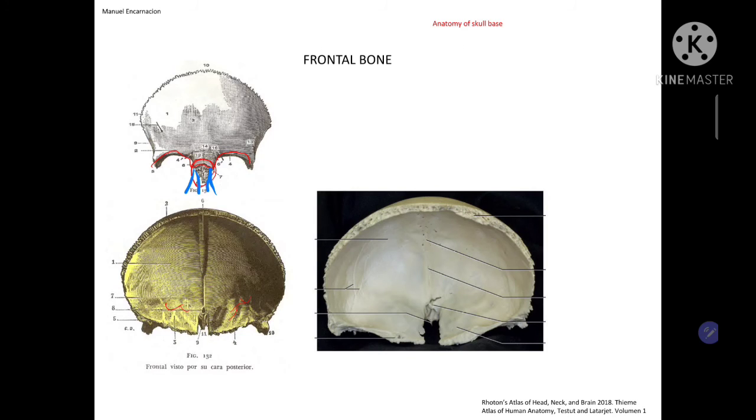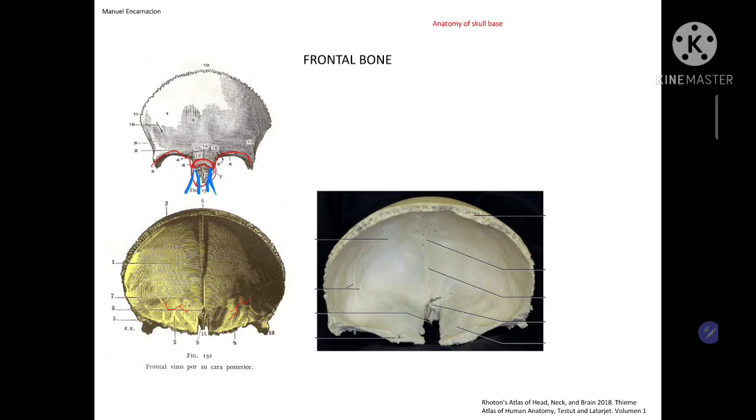And laterally here, you have the supraorbital border, the lateral supraorbital border. This supraorbital border forms on each side the superior edge of the orbital cavity.